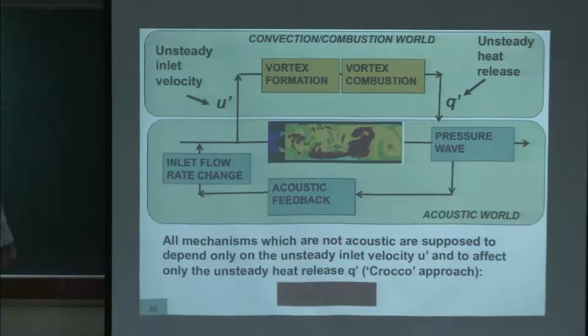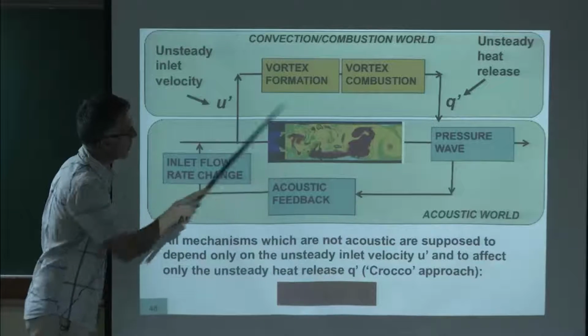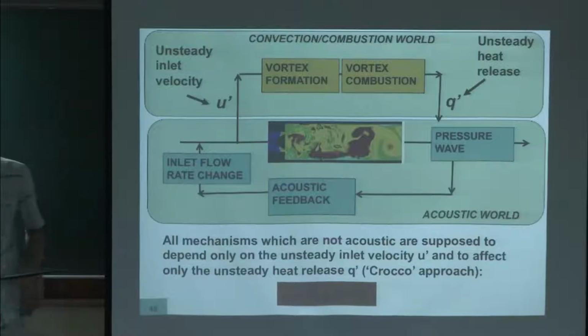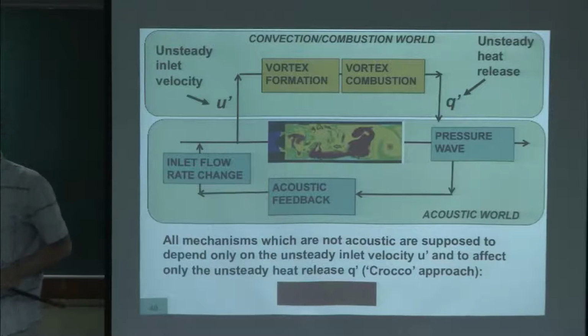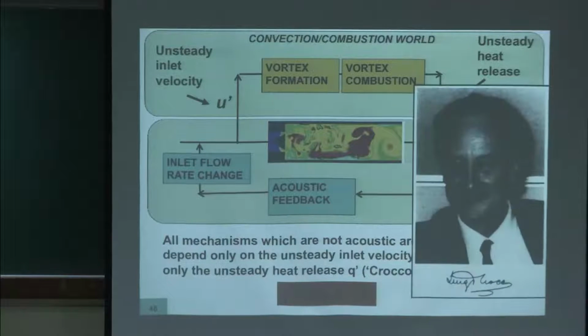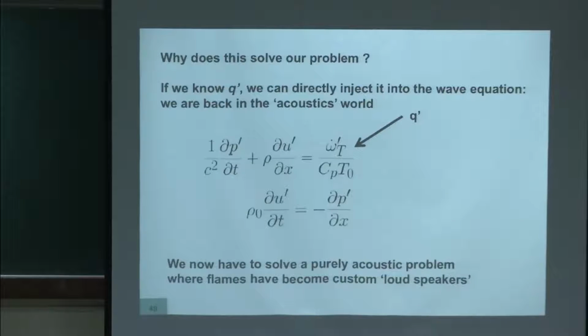And that's the basis of the Crocco approach. Crocco said, if you can write a relation between Q prime and U prime, everything's solved. So you see all the complexity of vortex formation, chemistry, everything else, is here. You have taken it out of the acoustic world, and then you can solve the equation in the acoustic world. That was the main idea of Crocco more than 60 years ago, and we're still working with that.